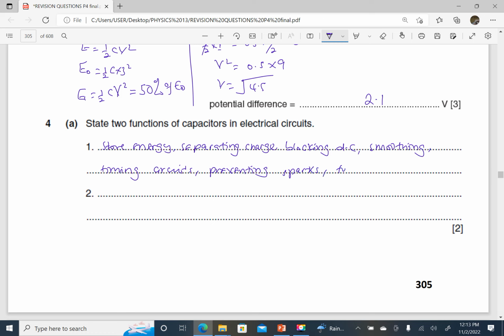Capacitors are used in tuning circuits of radios and TVs. Capacitors are used in coupling, that is linking, joining one circuit to another. They are used in producing electrical oscillations.